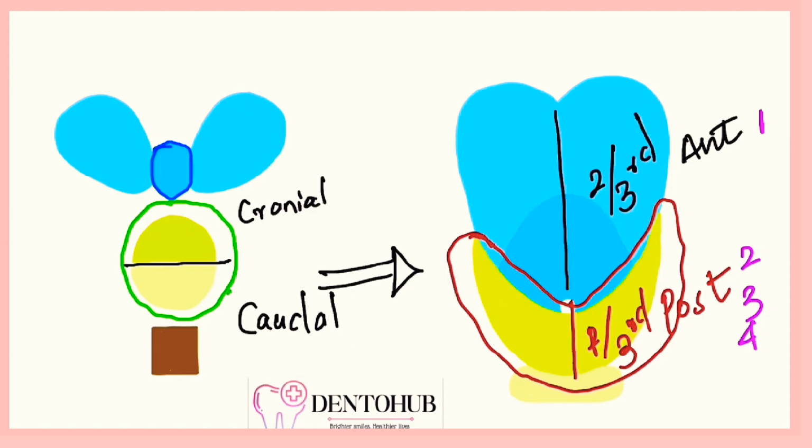Now this structure I discussed before, the copula, is never seen. It regresses and disappears, because the hypobranchial eminence overgrows the copula. Here we can also see this white dot, which is the foramen cecum.